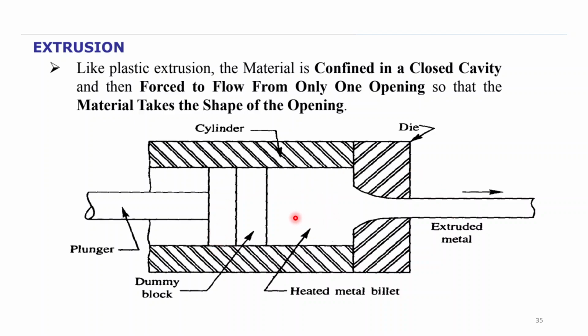In this case, this is direct extrusion, so you are providing pressure to this side, and there is friction along the container walls. Here the material is confined in a closed cavity, and then it is forced to flow from only one opening so that the material takes the shape of the opening. This opening can be circular or square, depending on the requirement for the final product.